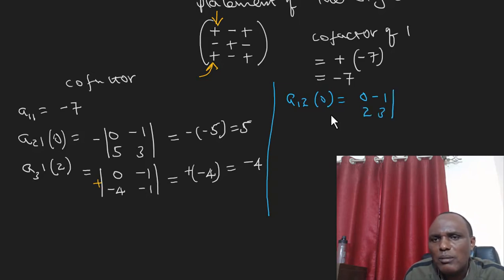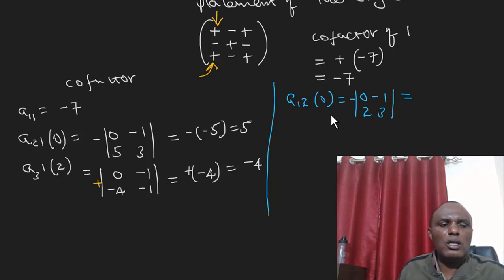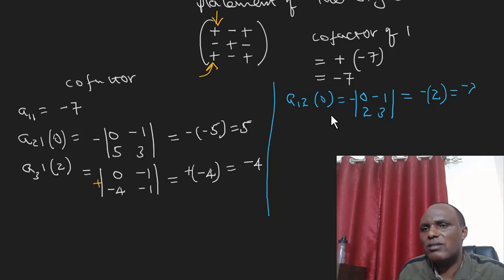We get the determinant of that matrix. Then we put a negative sign here because it is corresponding to negative. 0 times 3 is 0, 0 minus 2 is -2. Then we have 0 minus 2 is 2. Then we place a negative, and the cofactor here is -2.